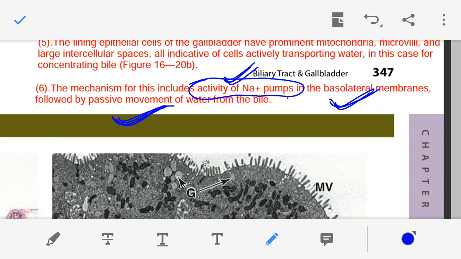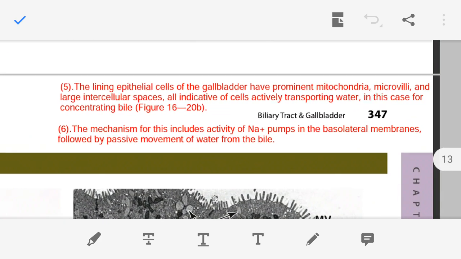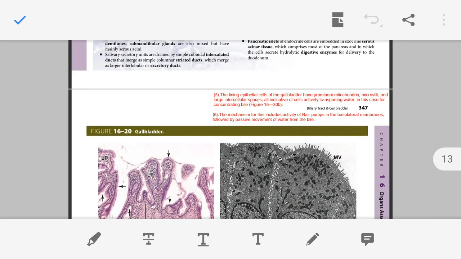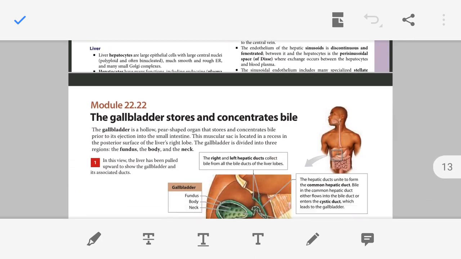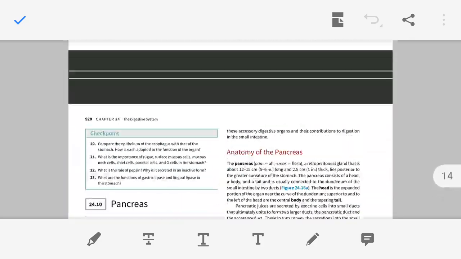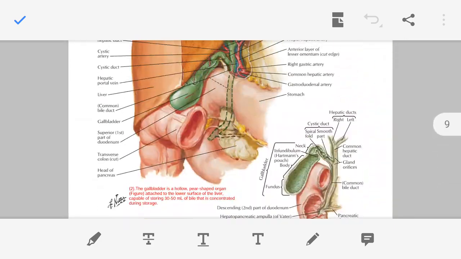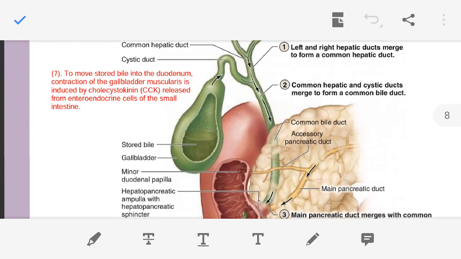So the bile is concentrated. So entire mechanism I am explaining at the end of this lecture. So this is the sixth point, fifth and sixth, both the point. Moving on the seventh point. Now this is the seventh point.